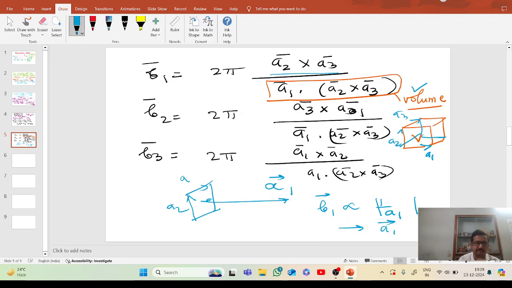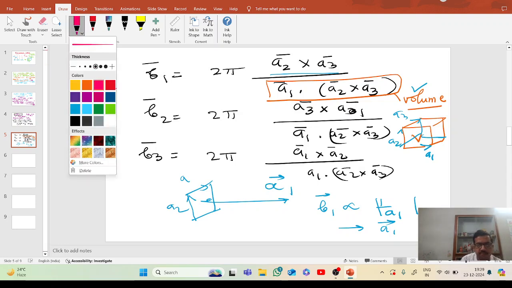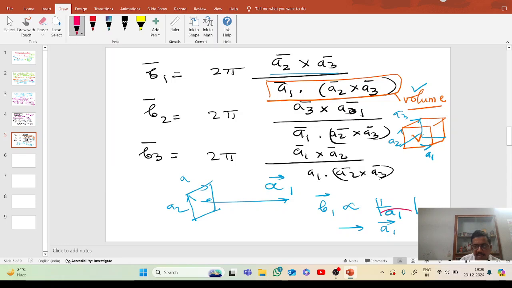So we do understand the inverse relationship between the direct lattice and reciprocal lattice. If direct lattice is a1, b1 will be inversely proportional, 1 by a1, and the direction will be along the same direction of a1, at least for a rectangular parallelepiped. If a1 and a2 are not orthogonal, things will change a bit, but the basic concept is like that.